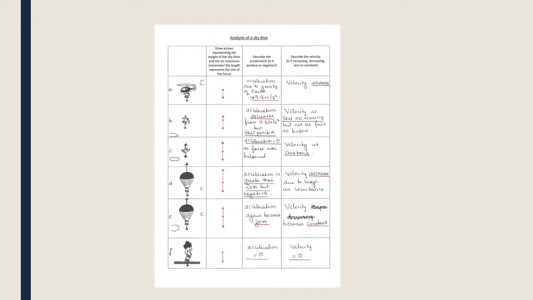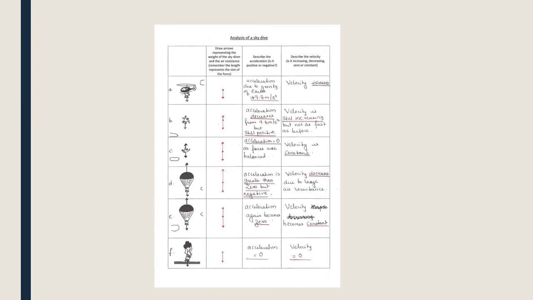Then describe the acceleration. The only force acting on the skydiver is his weight, so he will be accelerating downwards with the same acceleration as the acceleration due to gravity of the earth. He is going downwards, so the acceleration is in the downward direction, 9.8 meters per second squared.